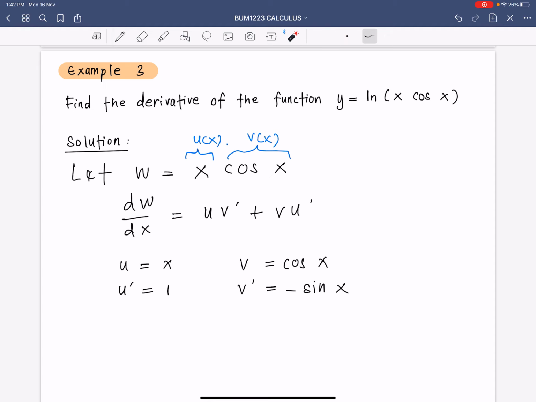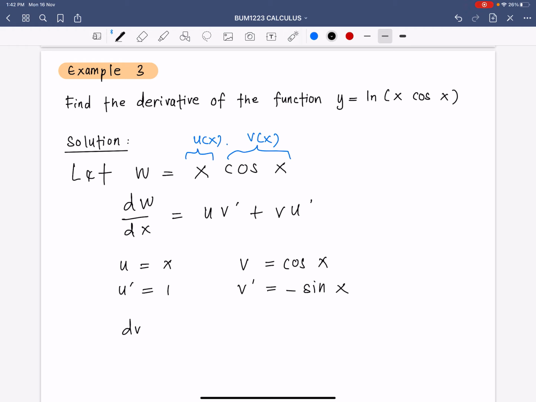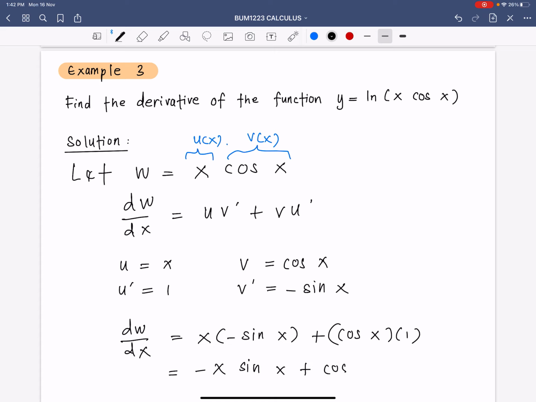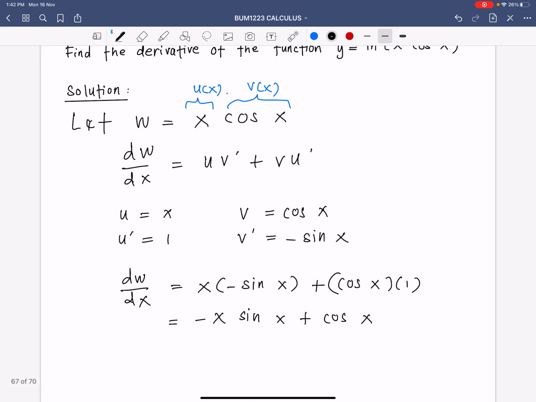So we will substitute this into this in order to get dw dx. So dw dx equals uv prime, x times negative sine x, plus vu prime, so cos x multiplied by 1. So it equals negative x sine x plus cos x. Okay, so that is dw dx.